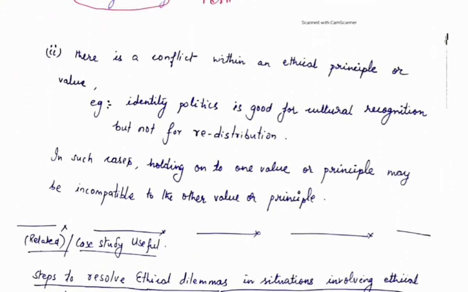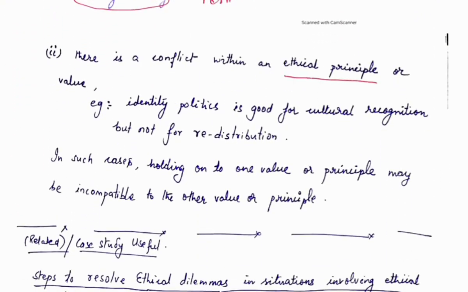Also, when there is a conflict between ethical principles or values. This example also fits ethical dilemma, because identity politics is good for cultural recognition. When recognizing a culture, most political leaders in a way use that for their political gains.